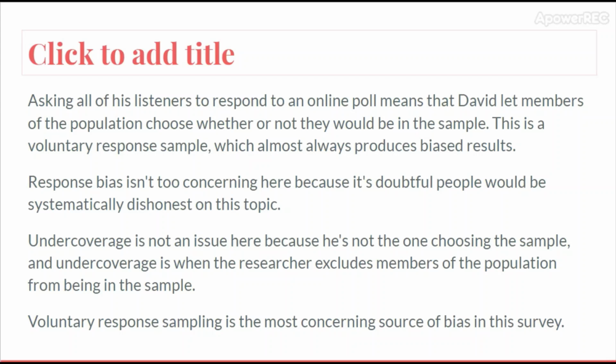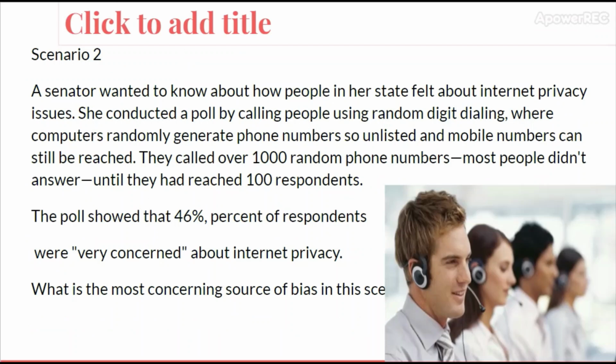And the second example is there is one teacher who wants to know how people in her state feel, if they agree with her opinion. So she called over 100 random cell phone numbers.